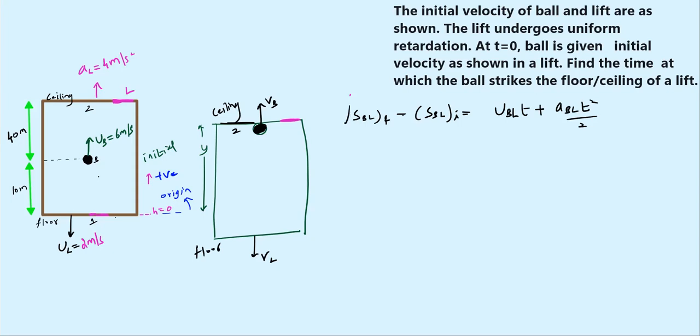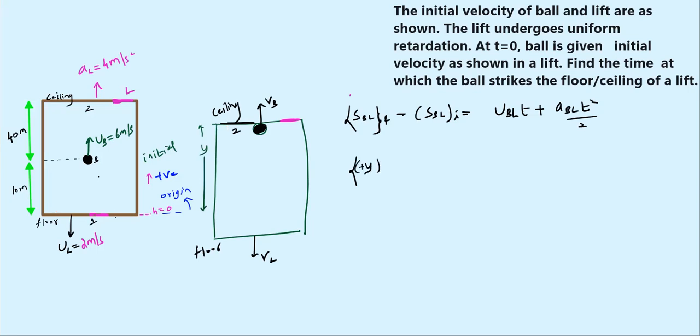Finally, look here. Where was the ceiling earlier? The ceiling was at a height of 60 meters initially. Finally, where is it? At a distance y. So what is the equation we'll write?